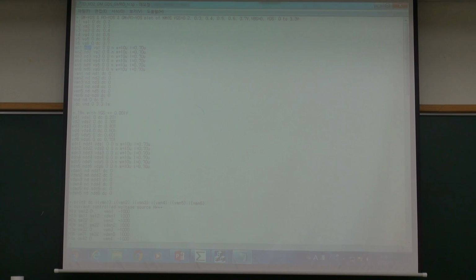So I compare this current of VMN1 with the current of this voltage source VRMN1. So then similarly I use a voltage controlled current source, right?